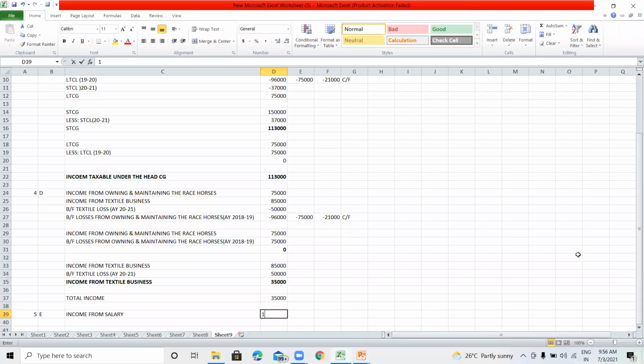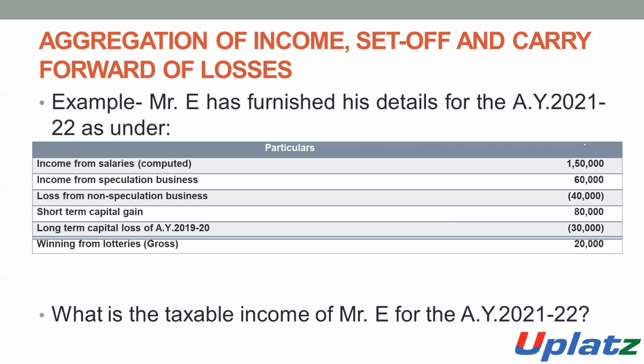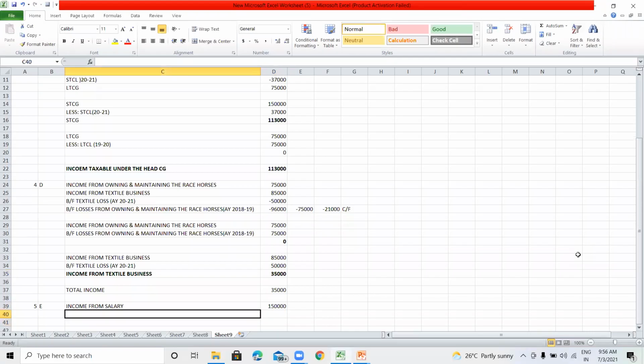Income from salary 1,50,000. Income from speculative business 60,000 rupees.